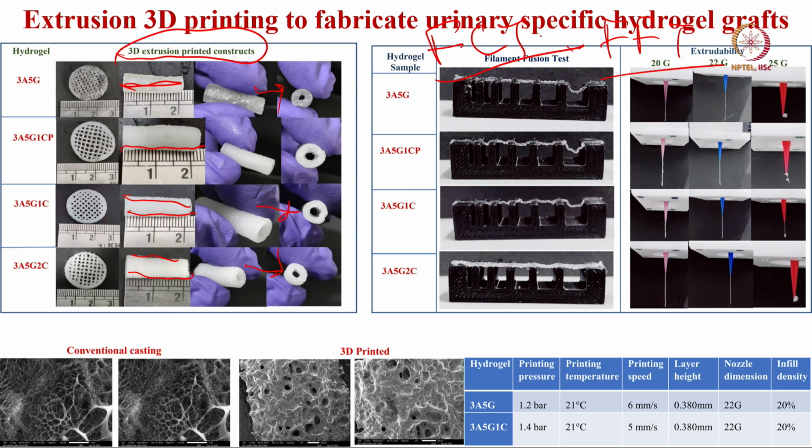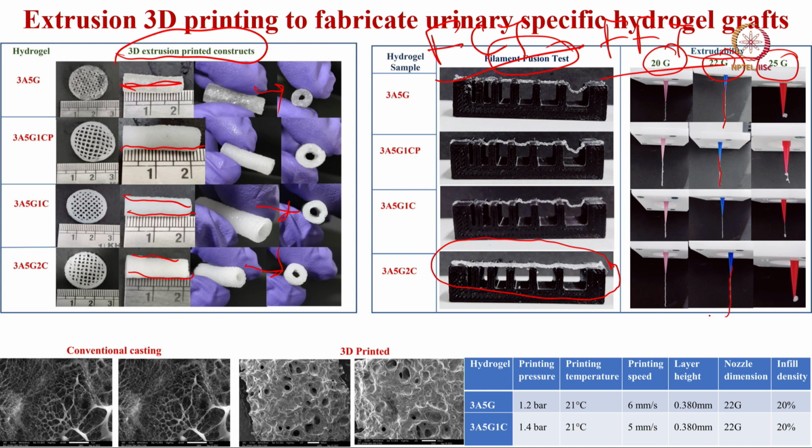Now, in terms of the filament fusion test, you have progressively wider and wider pillar separation distance, and you can see how stable this hydrogel filament is. Extrudability, you can extrude using 20G, 22G and 25G. You can see how stable the filament is, and how long.